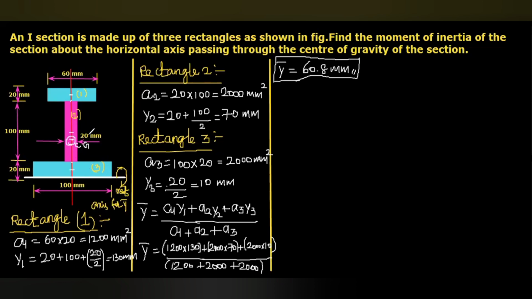So here this axis passes through this center of gravity. The horizontal axis passes through the center of gravity of the section. That means like this. Do you understand? This is the x axis passing through the center of gravity of the section.